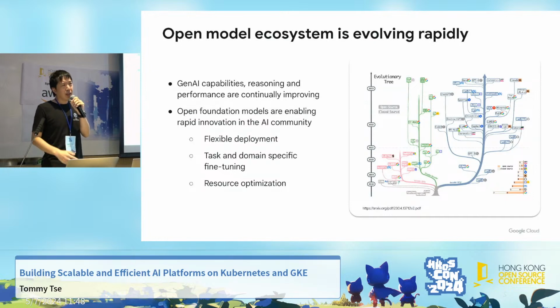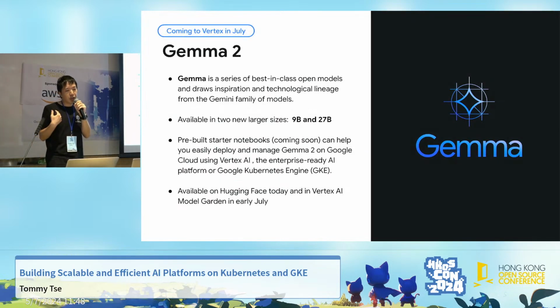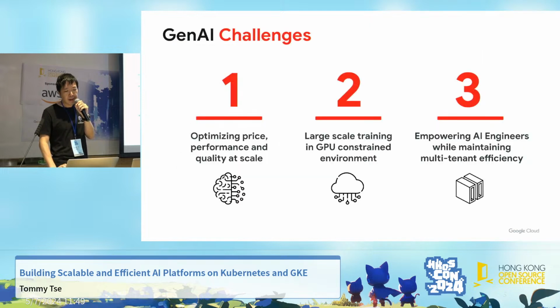You can imagine those large models consume a lot of compute resources. I mentioned Gemma, and it's worth mentioning that we just released Gemma version 2 a few weeks ago as our latest open model. Even today, you can deploy Gemma on Kubernetes, of course on our managed version, Google Kubernetes Engine, GKE.